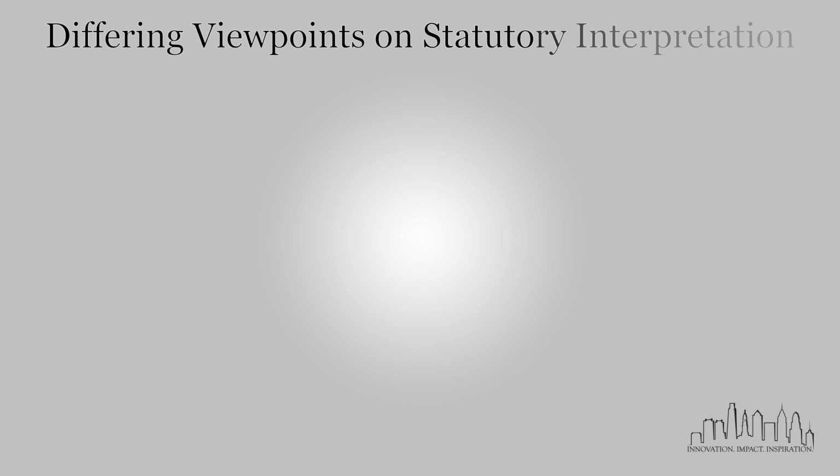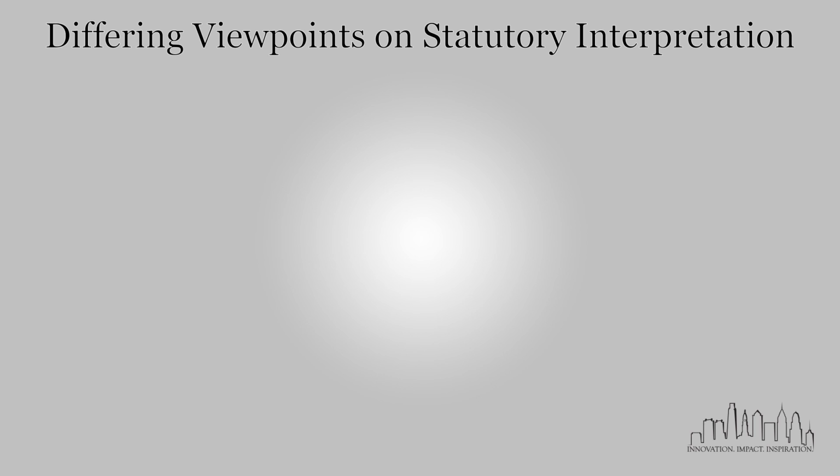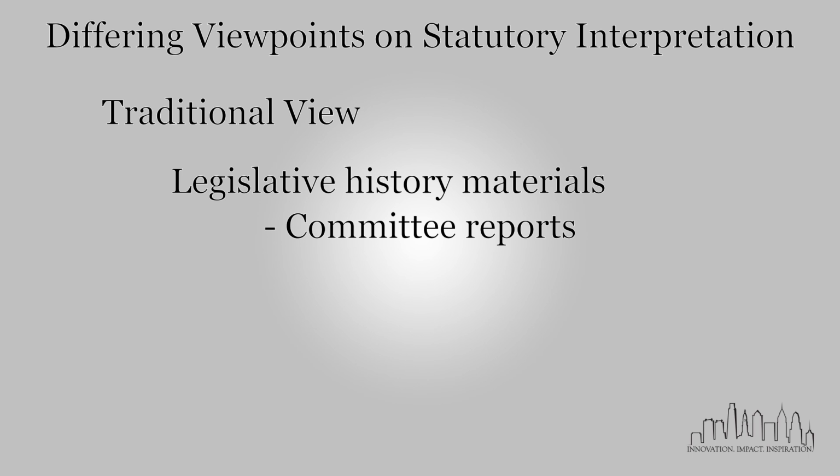First, there are different views of what are appropriate statutory interpretation approaches. And this is a very lively debate between judges in this country. The traditional view, or what we might call the traditional view, says the court should look everywhere to help it interpret the statute, including what's called legislative history materials, materials generated during the statutory enactment process.